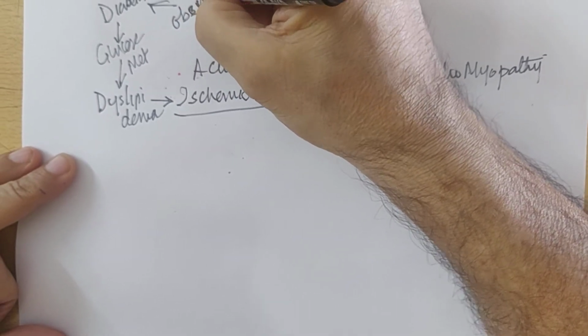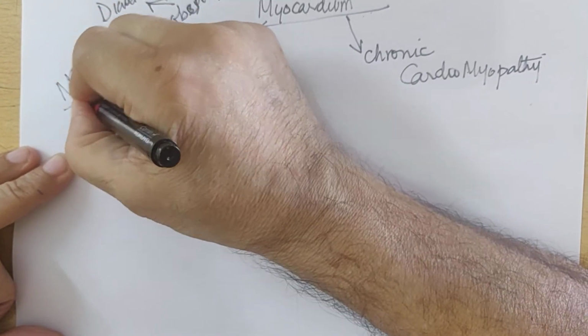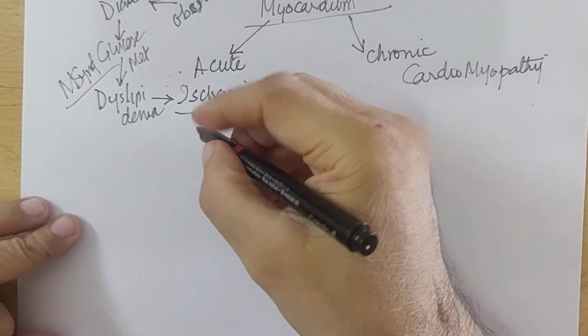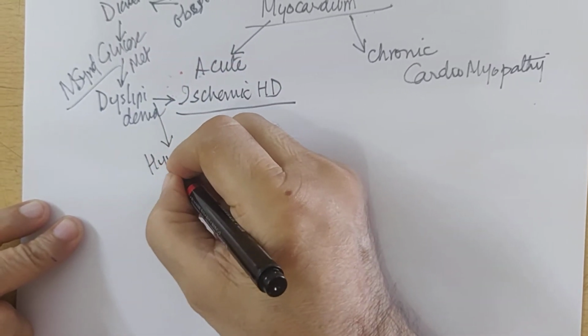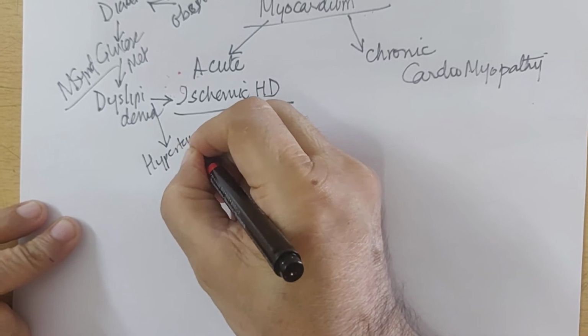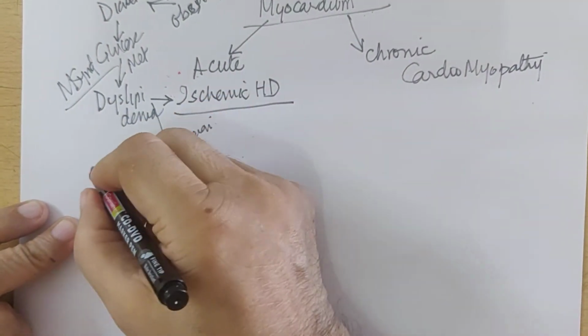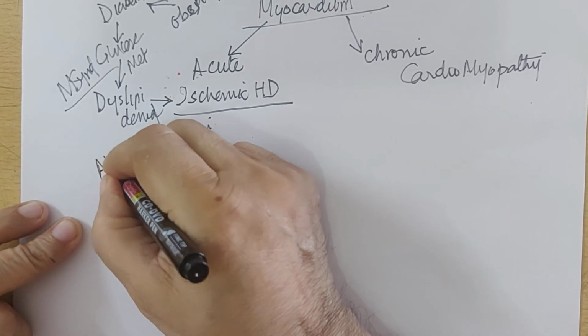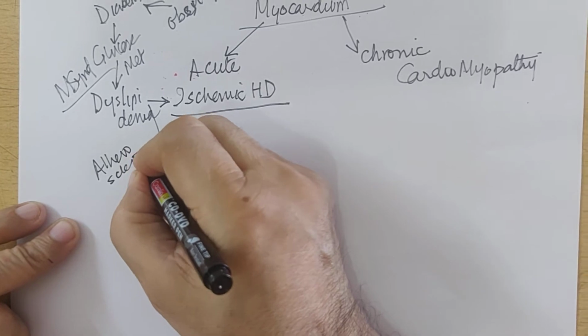So this is called the metabolic syndrome. Another effect of dyslipidemia is hypertension. And all this is produced because of atherosclerosis.